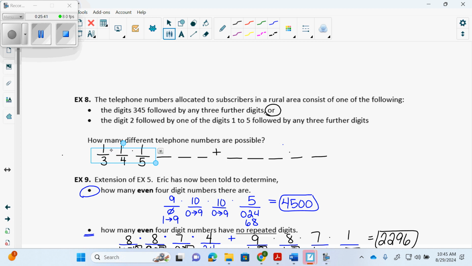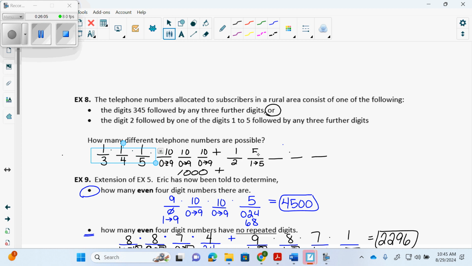We agree? And then we have 3 further digits, which it doesn't specify. So 0 to 9, 0 to 9, 0 to 9, which is 10, 10, 10, which is 1,000.